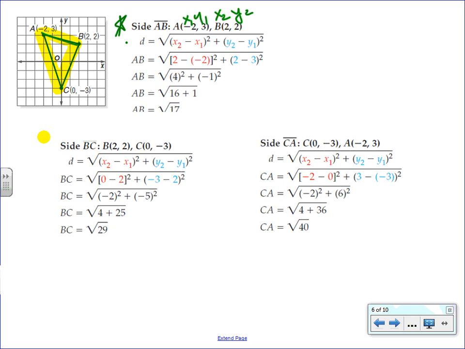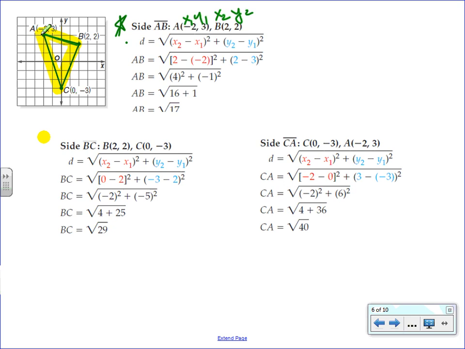Next step, we've written that down. Next, we're going to plug in the numbers. 2 minus a minus 2, squared, plus 2 minus 3, squared, right? Let me erase that. That may be hard to see. I won't write over the letters. I'll let you just see.